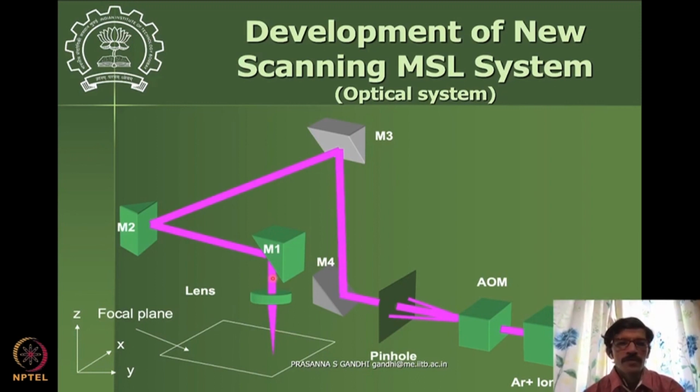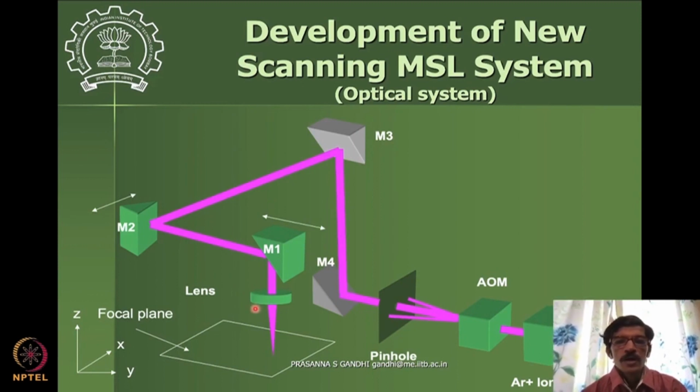Mirror M1 and the lens together will move, and then mirror M2 will move in a perpendicular direction. Mirror 1, mirror 2 and the lens unit together will move in this perpendicular direction. So that's how the XY scan would happen. These are the two perpendicular direction motions for the mirrors.